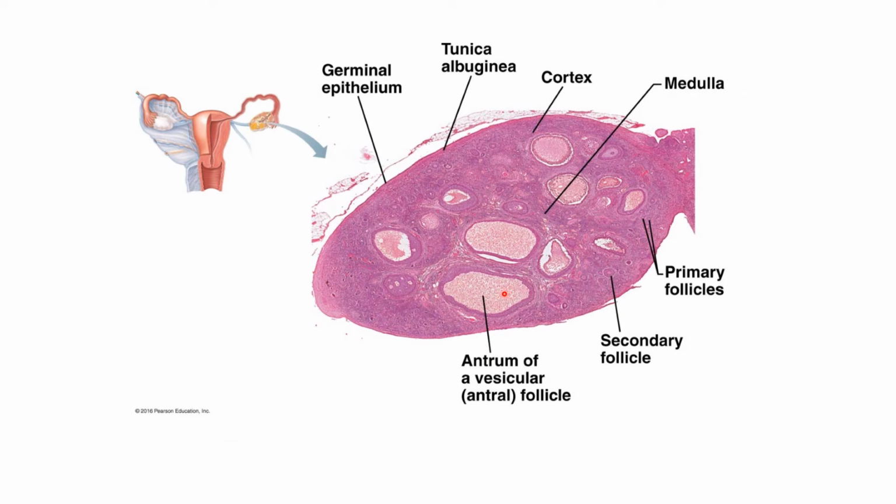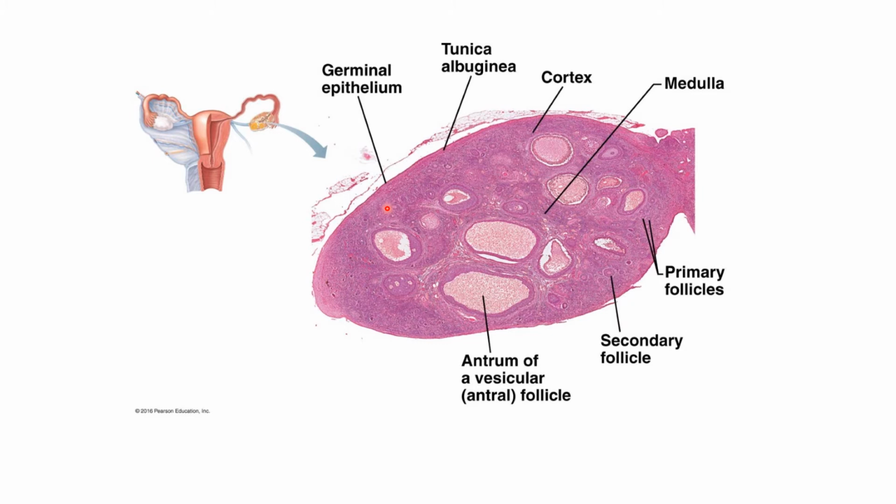This is an image of the ovary. So within the ovary, there are tiny sac-like structures known as ovarian follicles. The follicle is going to contain an immature egg known as an oocyte inside of it.